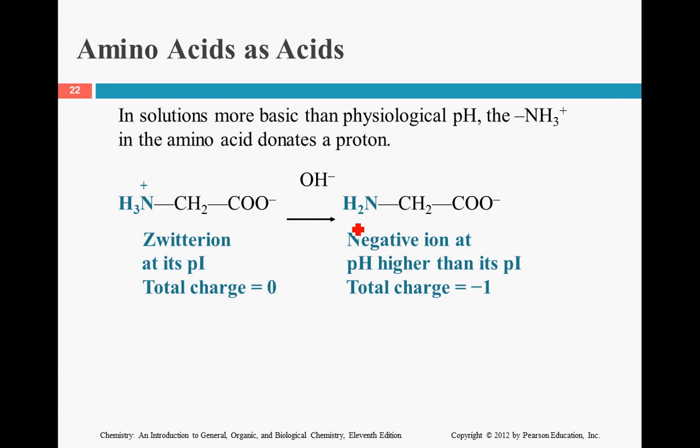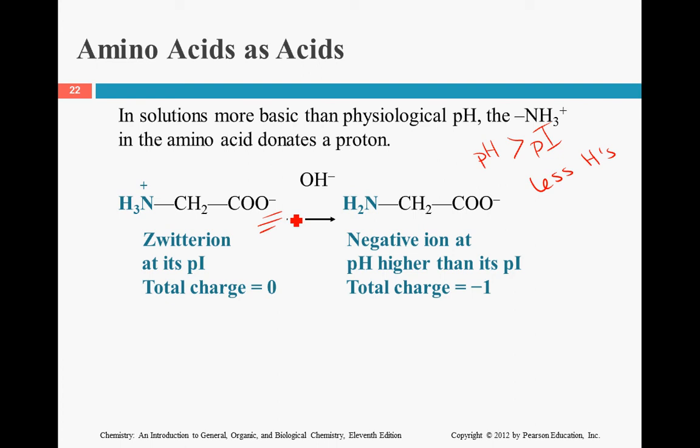Opposite, if it's in a basic solution, that means the pH is higher than the PI. That means you have fewer hydrogens in the solution. So the carboxylic acid is still going to go ahead and give away the hydrogen to add more hydrogens to the solution.